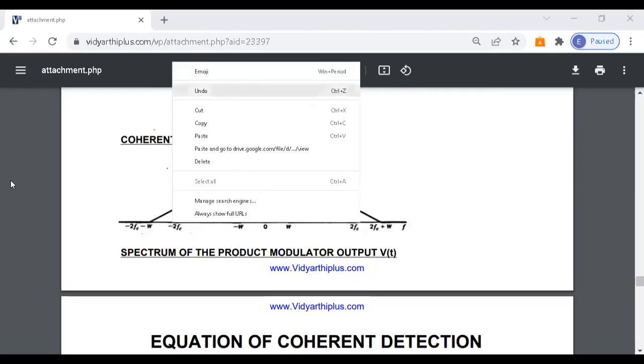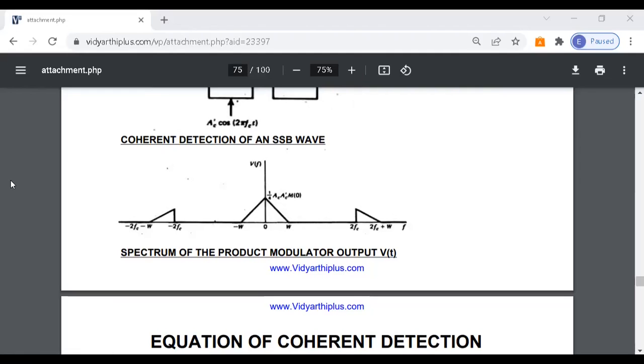Let's see if we can do this one to complete our work on modulation. It's pretty comprehensive.